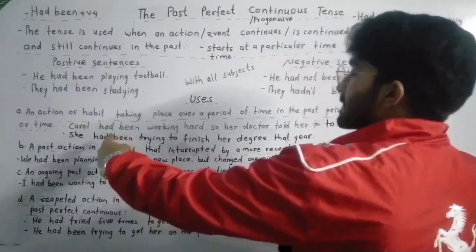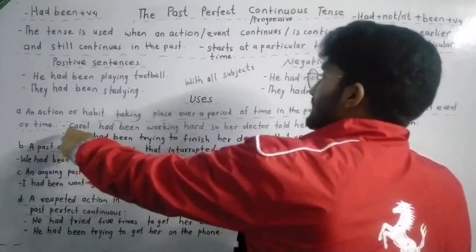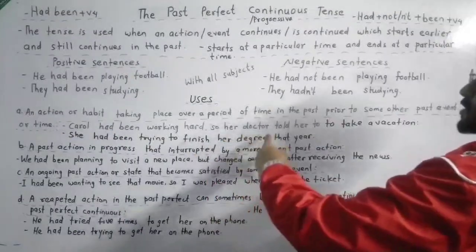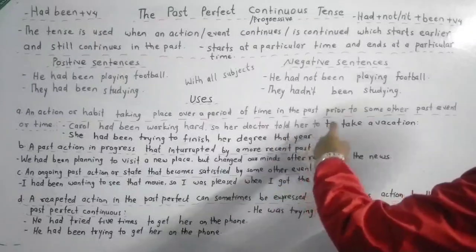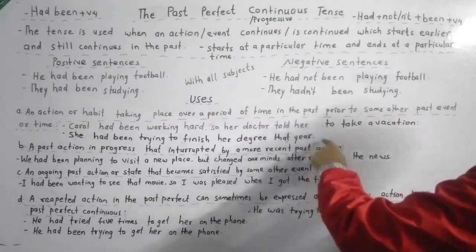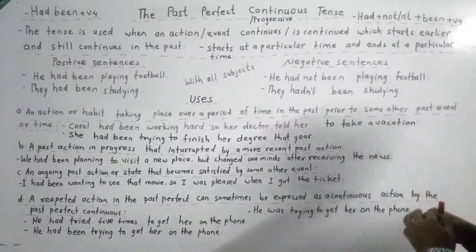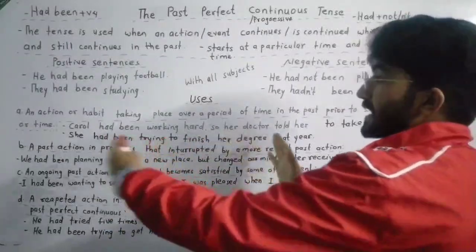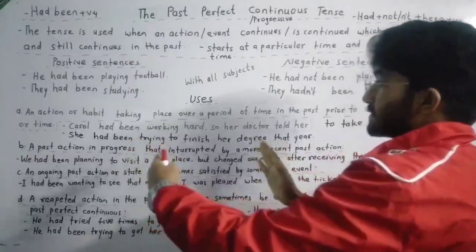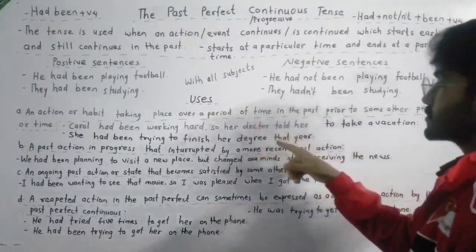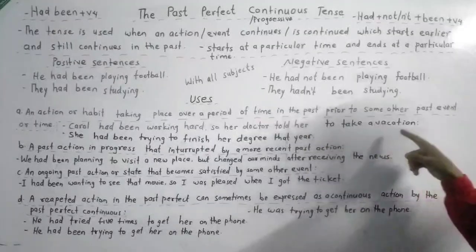Carol had been, it's her name, working hard. In the past, Carol had been working. It was a duration. So, because of that, her doctor told her to take a vacation.